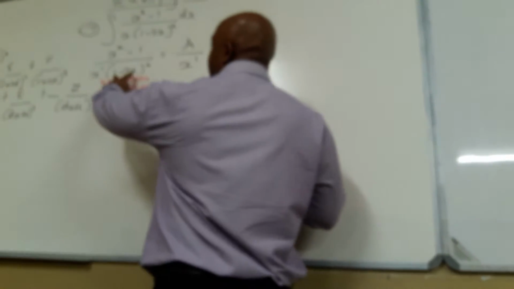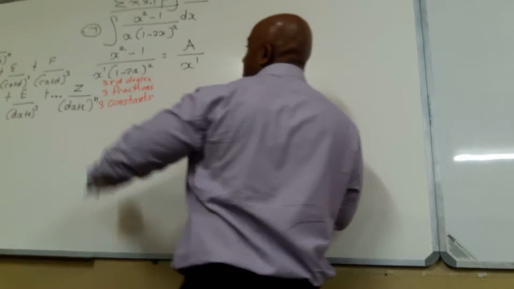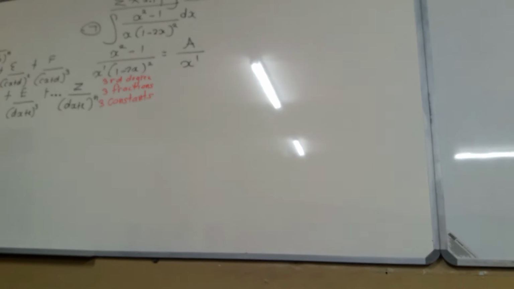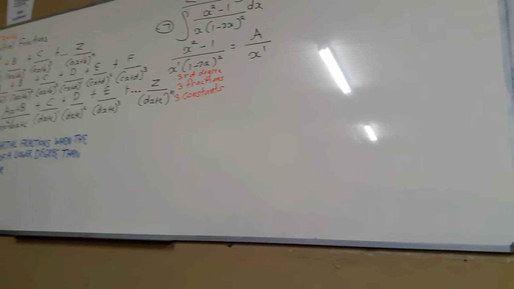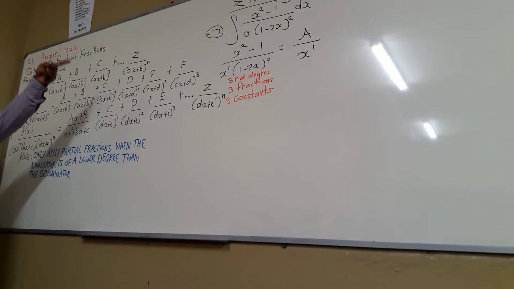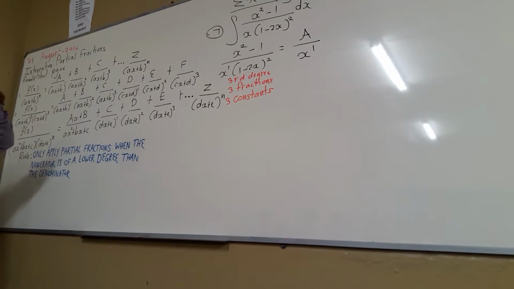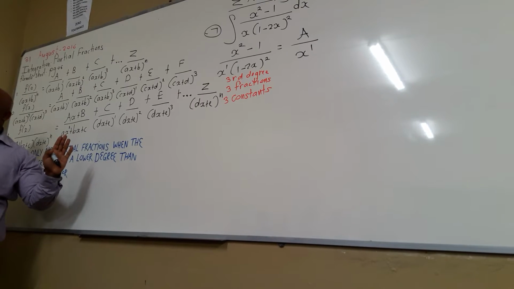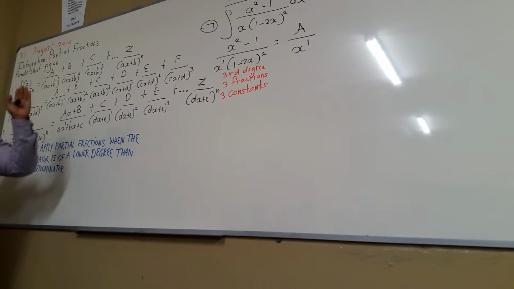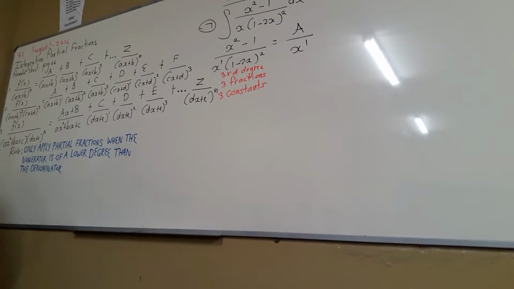Now we need to deal with the factor (1 minus 2x) all squared. So how do we deal with this? If it's (ax plus b) to the power n, you always start with 1, 2, 3 and you reach n. That means if it's a 2, you're going to start with 1 and you end at 2. If it's a 5, it's going to be 1, 2, 3, 4 and 5.